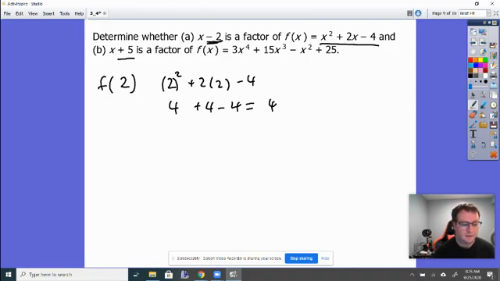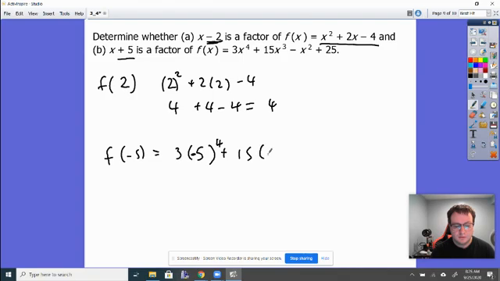The next one, same idea. We're going to do f of negative 5, changing the sign and plugging it in for this guy. 3 times negative 5 to the 4th, plus 15 times negative 5 cubed, minus negative 5 squared, plus 25.